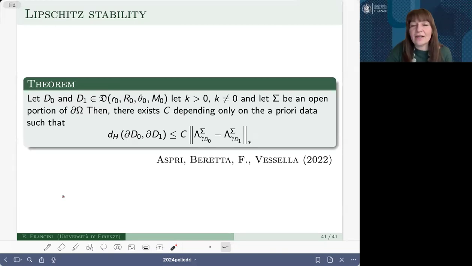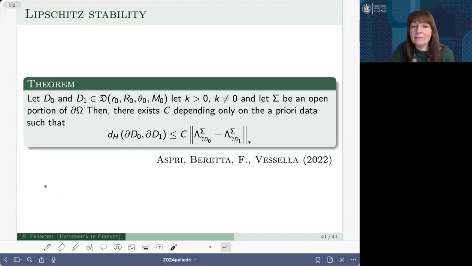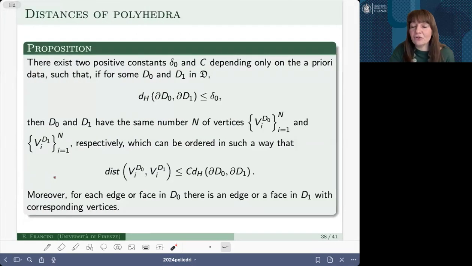So you mean generalizing to enlarge the class? Maybe we can, but it's kind of difficult already for polyhedra, because some of the results that we got, for example, the fact that if they are small enough, then they are very close and you know how to move one to another, relied very much on the fact that we were dealing with polyhedra, so that we know that if you move vertices, you know where everything is going.